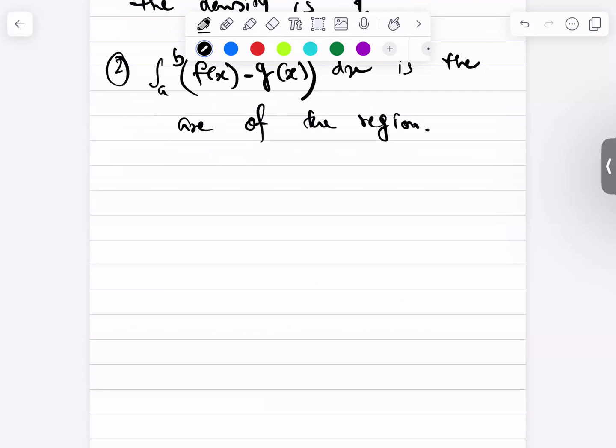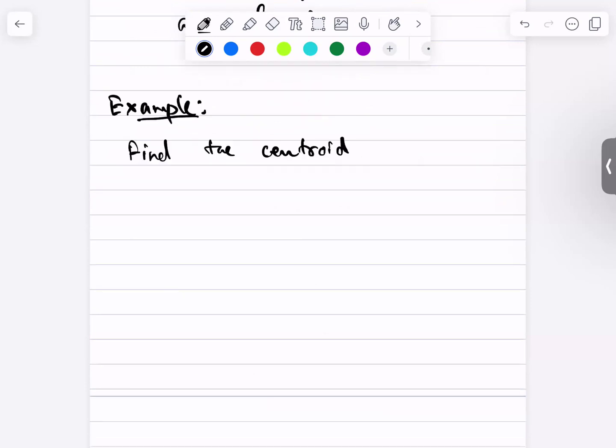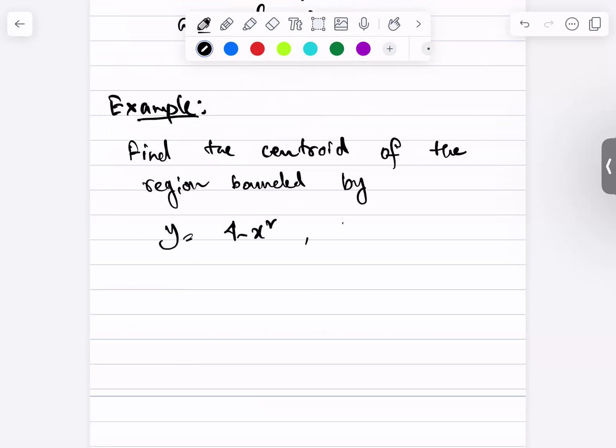Anyway, let us see one example of this type. So the question is, you have to find the centroid of the region bounded by, say, y equal to 4 minus x squared, and then y equal to 0, x equal to 1.